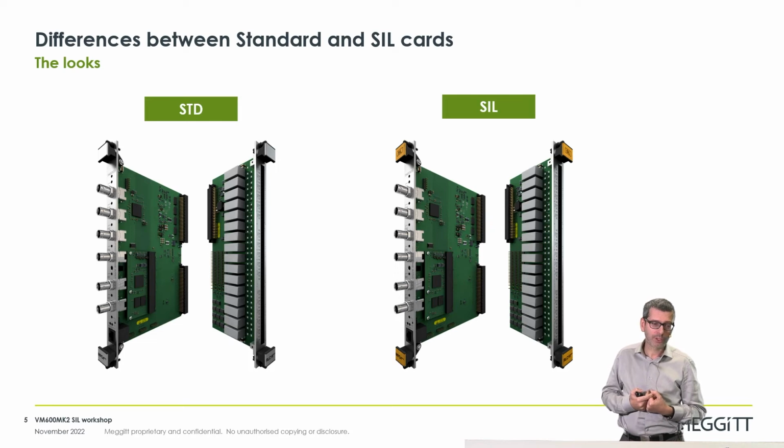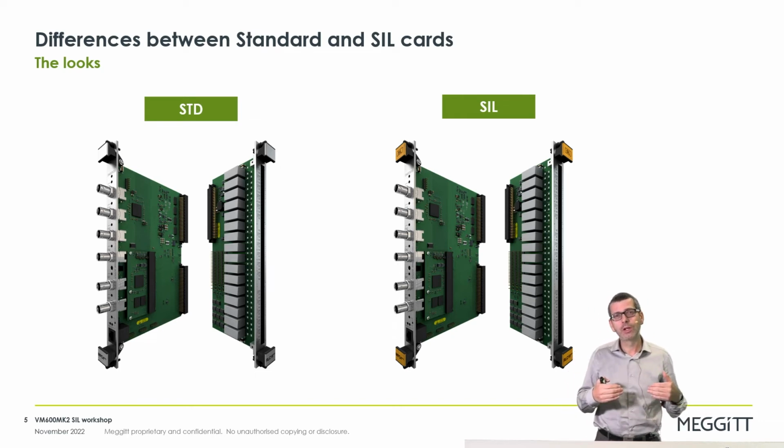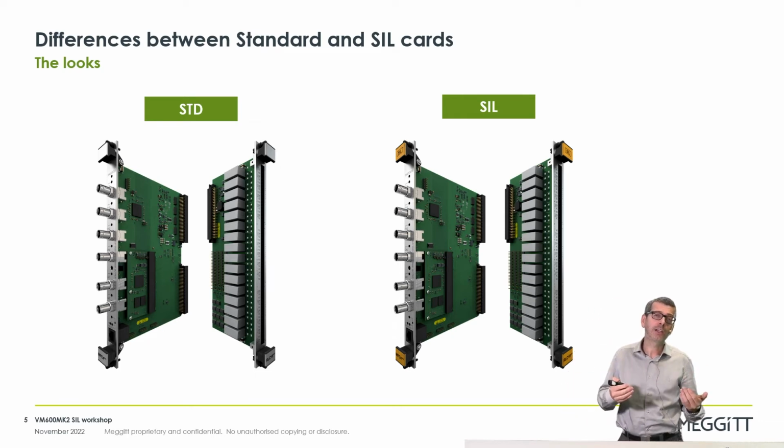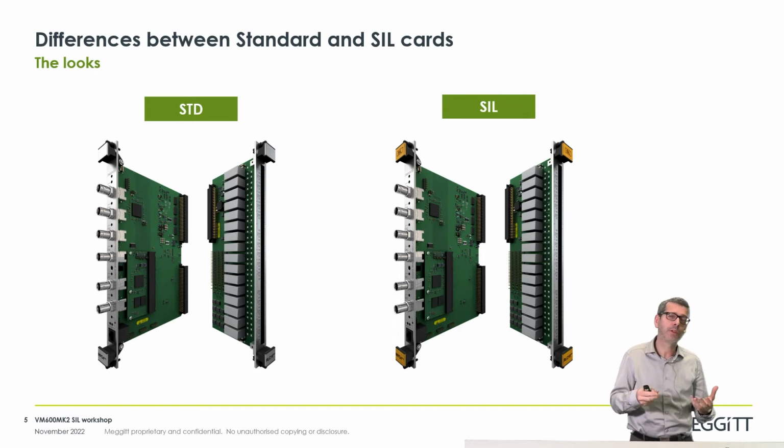So one reason for having different electronic components is because while on the standard card we have only software segregation between protection and monitoring, so we have two different pieces of firmware, we have two different processes to manage protection and monitoring.